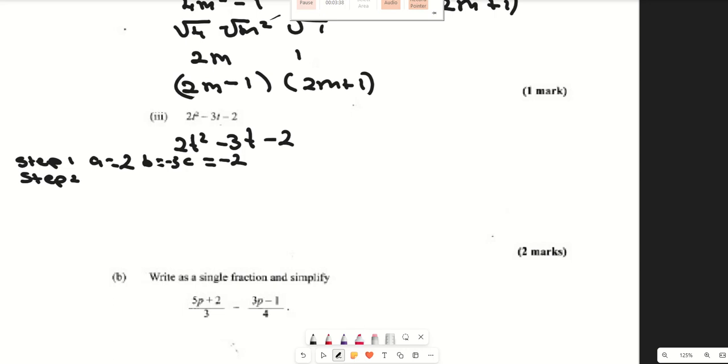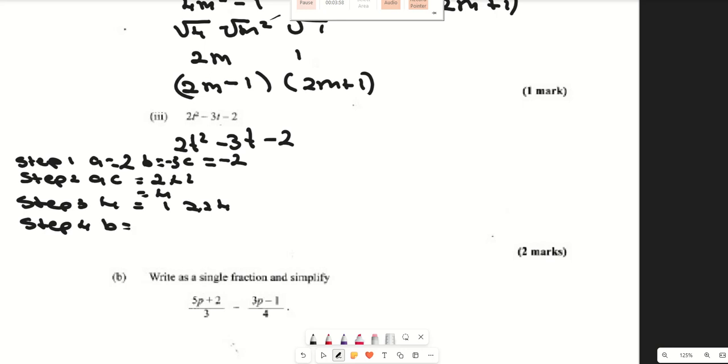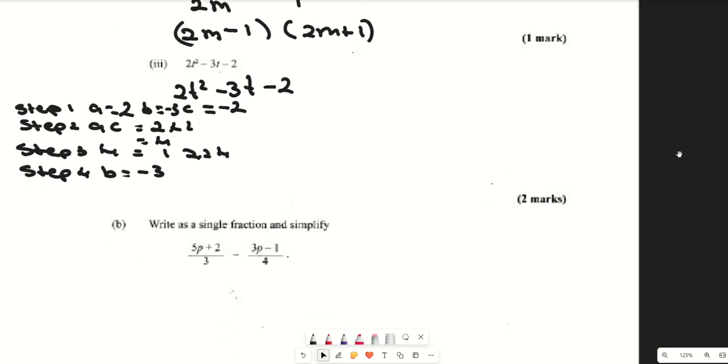Step 2 is to find out AC, which is 2 multiplied by 2, which is equal to 4. Step 3 is to write your factors of 4, which would be 1 and 4, 2 and 2. Step 4 would be b is equal to minus 3. You want to know what two numbers, let's forget about the minus for now, when you add or subtract them, you're going to get 3. 2 and 2?